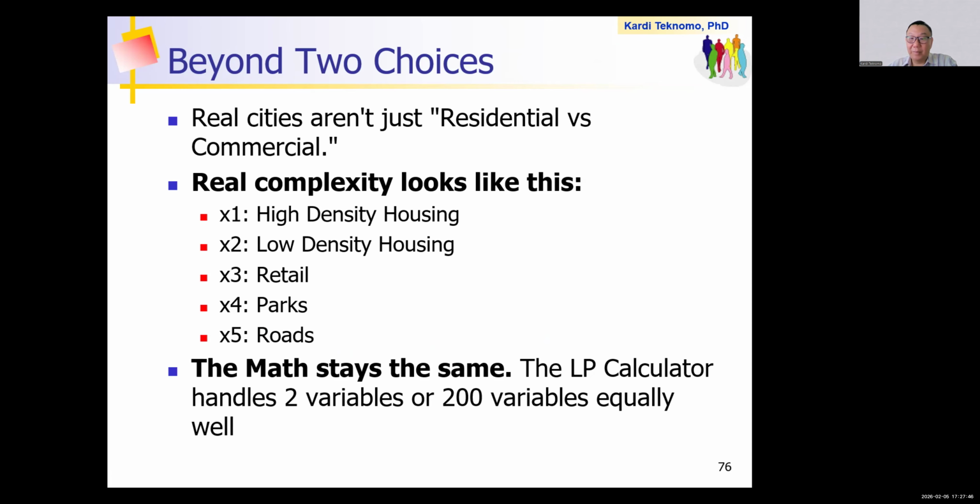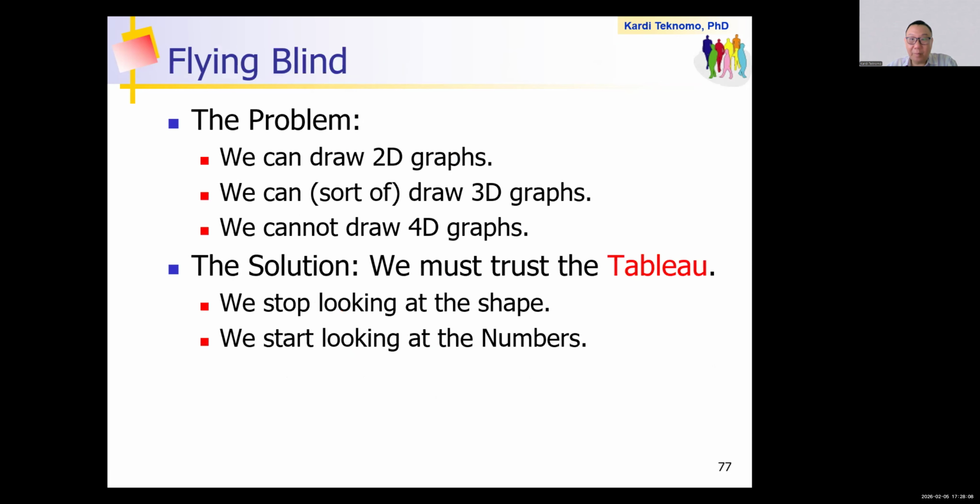So the same ingredients: you still have the goal, you still have the variables, and you still have the constraint limits. These three do not change in any optimization. It just changes the length of the equation. The number of constraints will become much bigger.